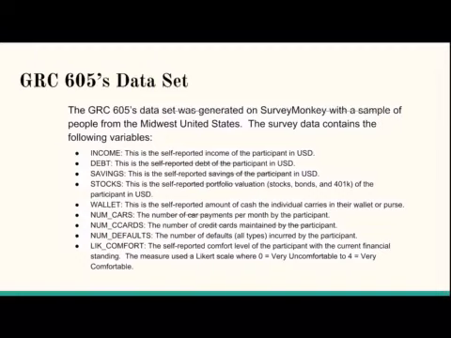NUM credit cards is the number of credit cards maintained by the participant. NUM defaults is the number of defaults incurred. And like comfort is the comfort level on a Likert scale of the participants in the survey. You must note that all of this information was self-reported by each of the participants.